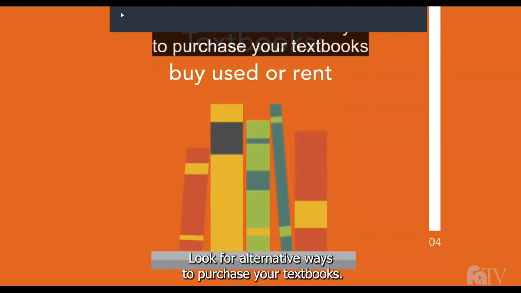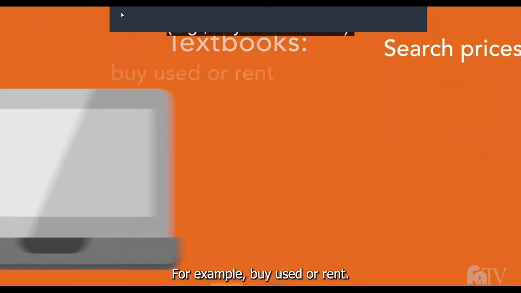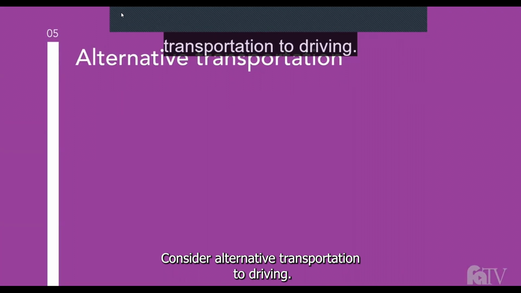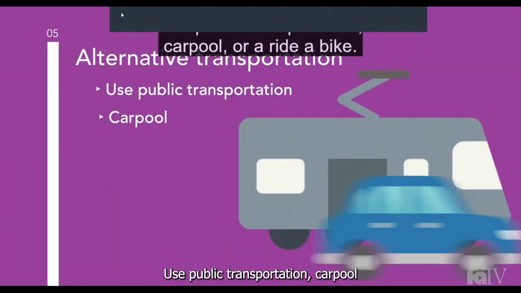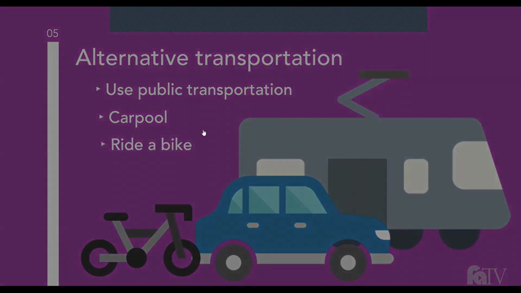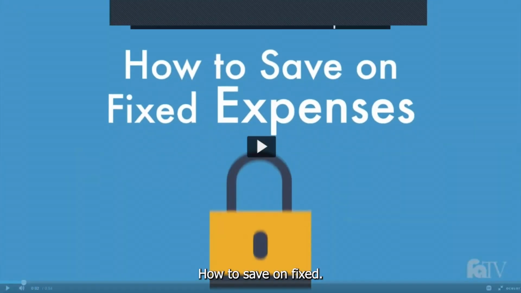Look for alternative ways to purchase your textbooks. For example, buy used or rent. Search online for the best price. 5. Consider alternative transportation to driving. Use public transportation, carpool, or ride a bike. How to save on fixed expenses.